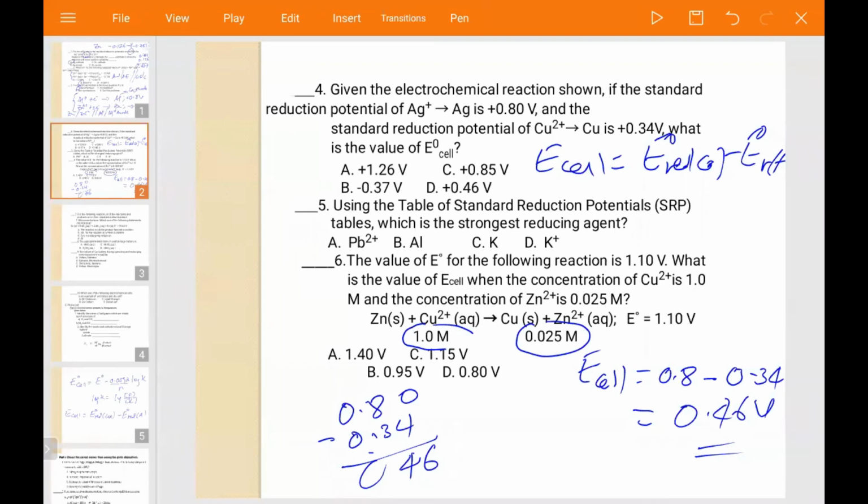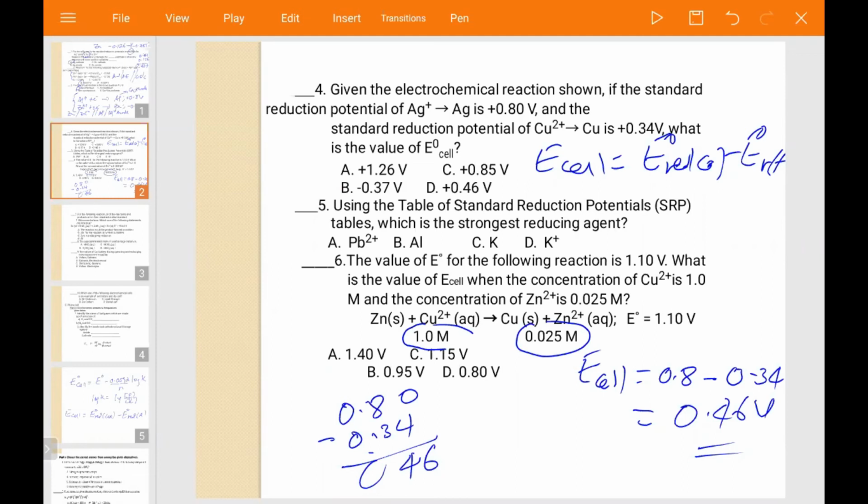Number 5. Using the table of standard reduction potential, which is the strongest reducing agent?